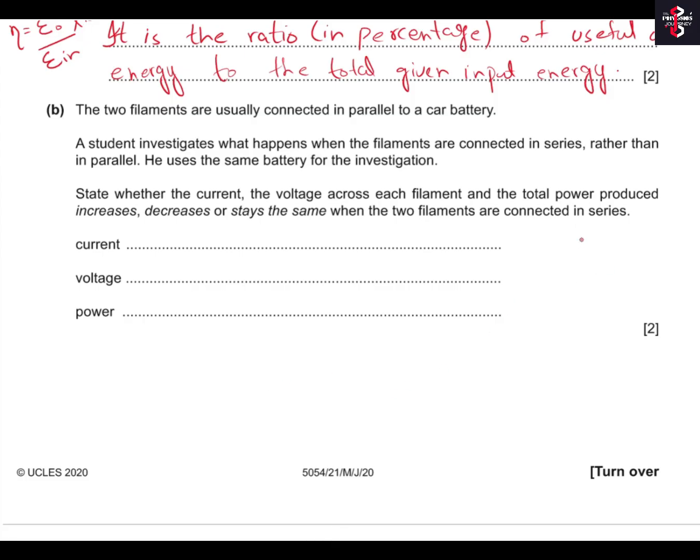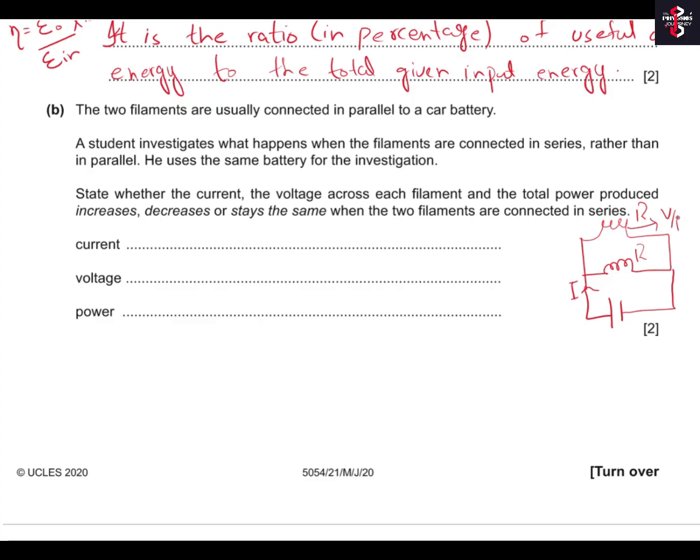Let us make a small diagram. Let's suppose this is the direction of current. The resistance is R. Let's say both the resistances are the same for our convenience.